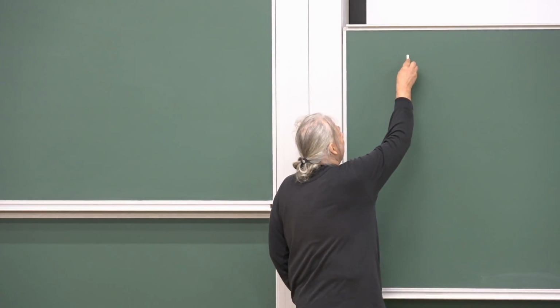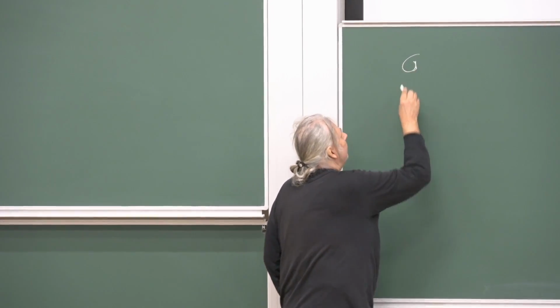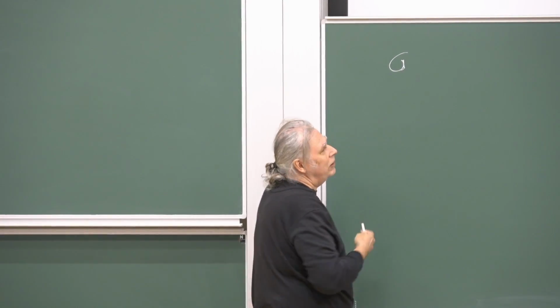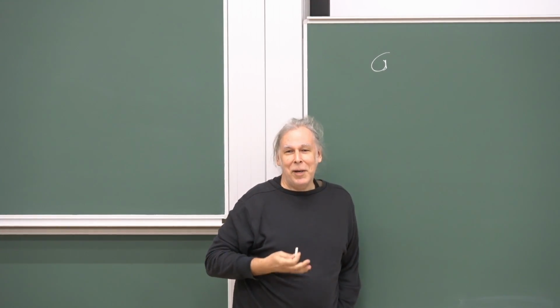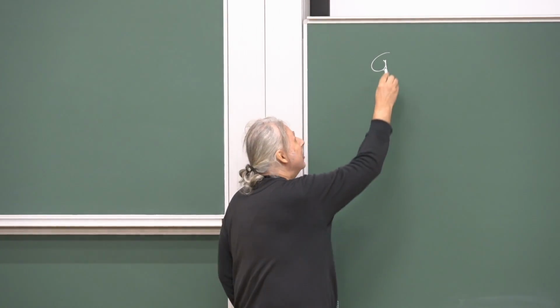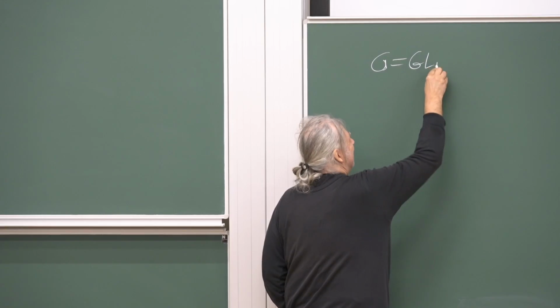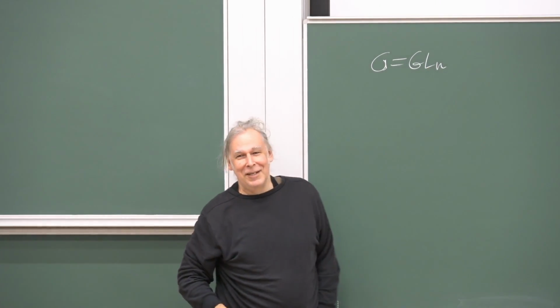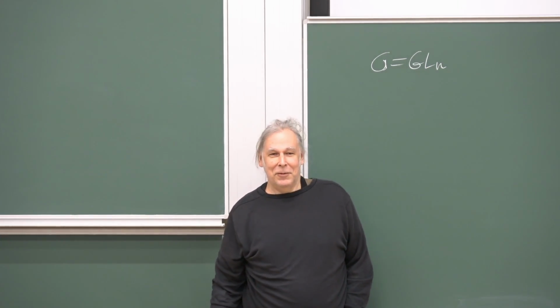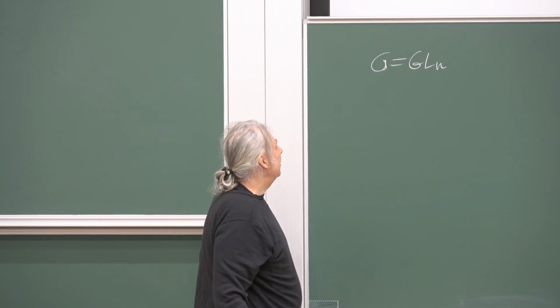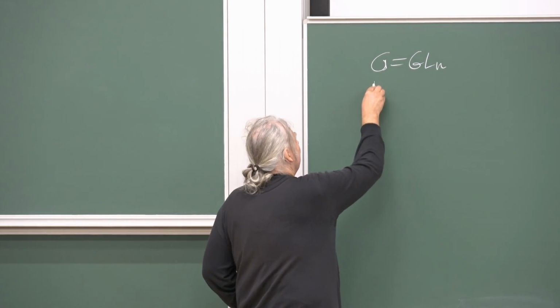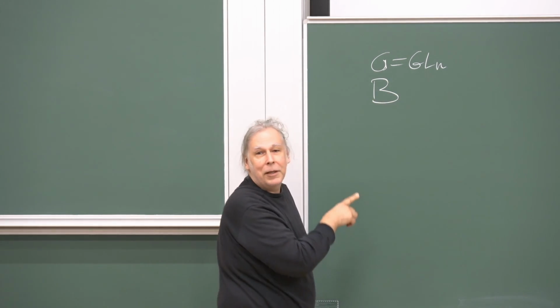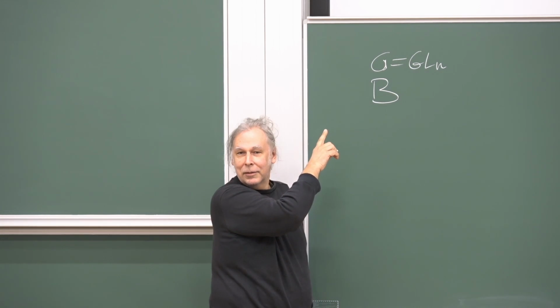So basically, I will talk about a group. In general, it can be semi-simple, but my favorite semi-simple group is GLn. Of course, this center you can neglect, but let it be GLn and the Borel group. By the way, is it visible from the back?